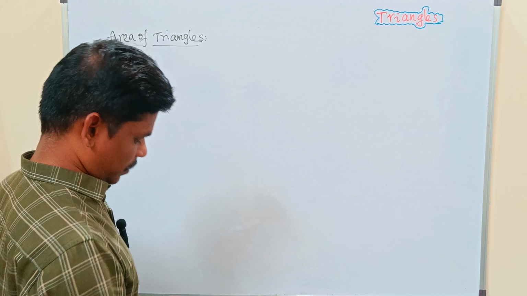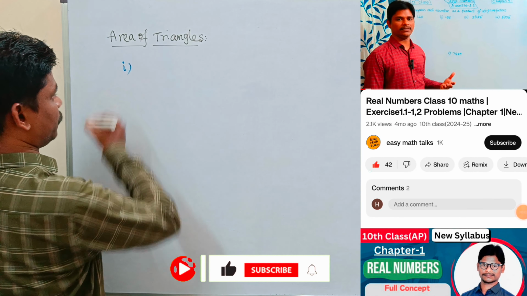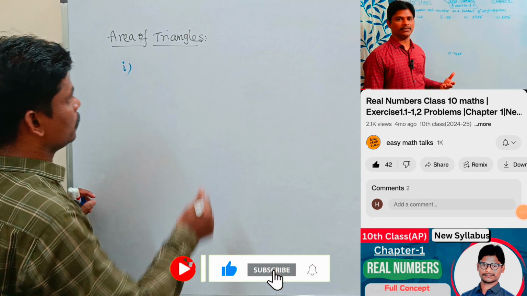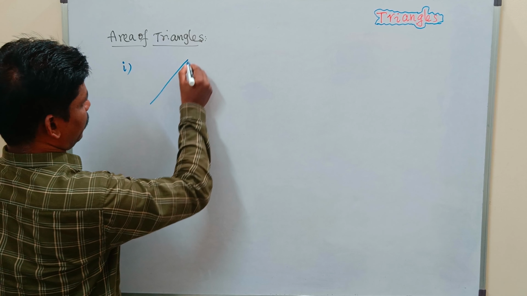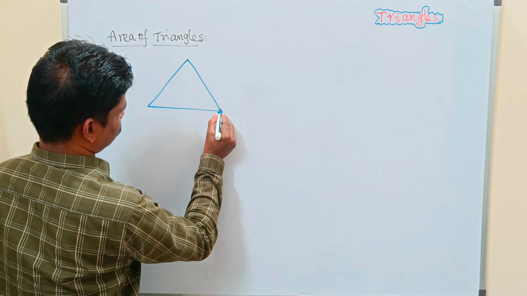So first triangle, I take the first point. Suppose I take here triangle ABC. This is a triangle ABC.